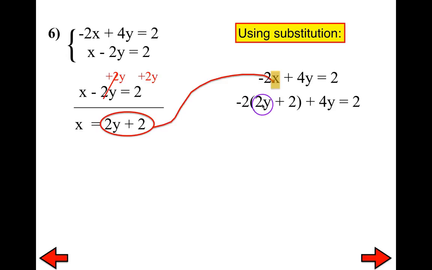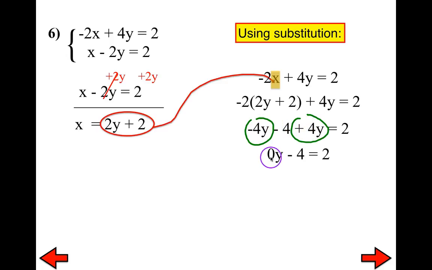So now you have negative 2 times 2y plus 2 plus 4y equals 2, leaving you with negative 4y minus 4 plus 4y equals 2. Combine like terms. Oh look, a negative 4y and a positive 4y gives me 0y. Essentially that means they were eliminated, leaving me with just negative 4 equals 2.